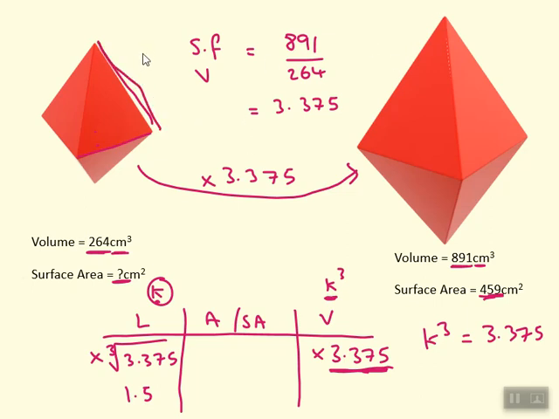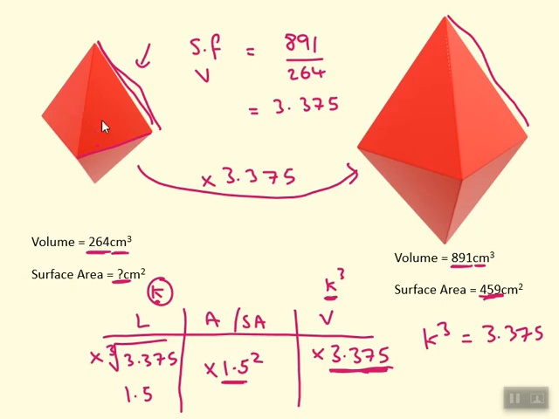So this edge here, whatever it is, if you multiply by 1.5, that's how long this edge here is. Now, that means the area must have been multiplied by 1.5 squared, because remember how length, area and volume work: area is squared and volume is cubed.